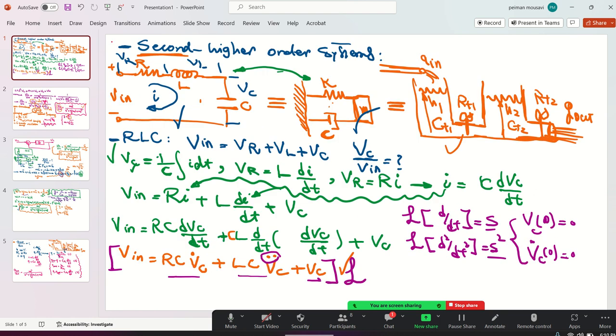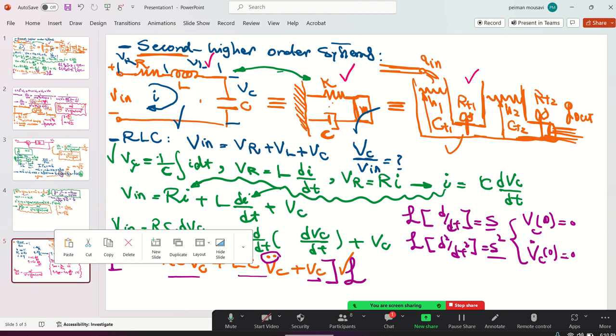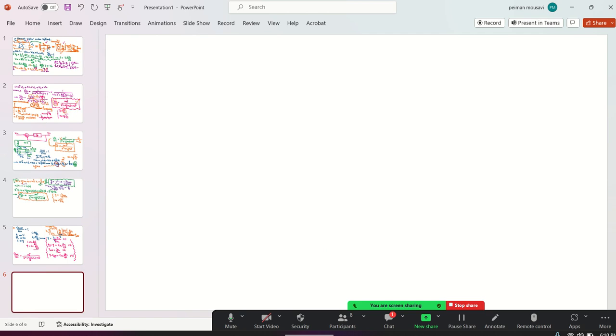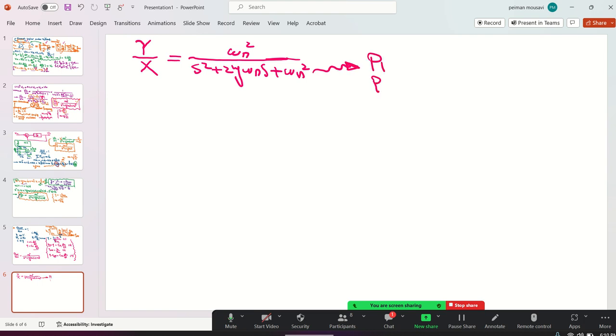So, being said, you see that these 3 are the same system, a second order system. Now let us stick to the math of that to see how they behave. Generally speaking, the output over input closed loop transfer function is a second order system like this. From high school, you know this is a second order equation, so we're going to have 2 poles, P1 and P2.